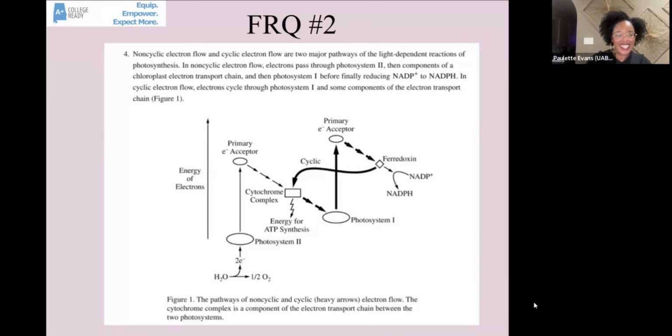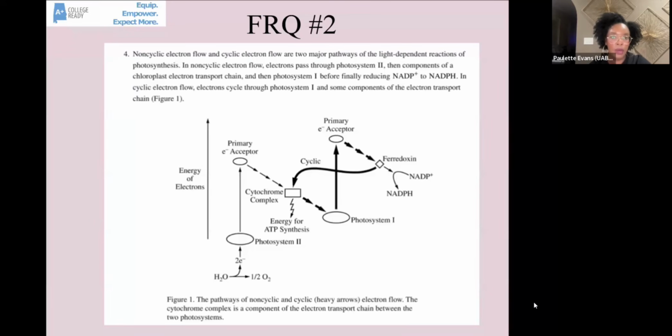Okay, now let's take a look at free response question 2. It says non-cyclic electron flow and cyclic electron flow are two major pathways of the light-dependent reactions of photosynthesis. So we're back on photosynthesis. In non-cyclic electron flow, electrons pass through photosystem 2, then components of a chloroplast electron transport chain, and then photosystem 1 before finally reducing NADP plus to NADPH.